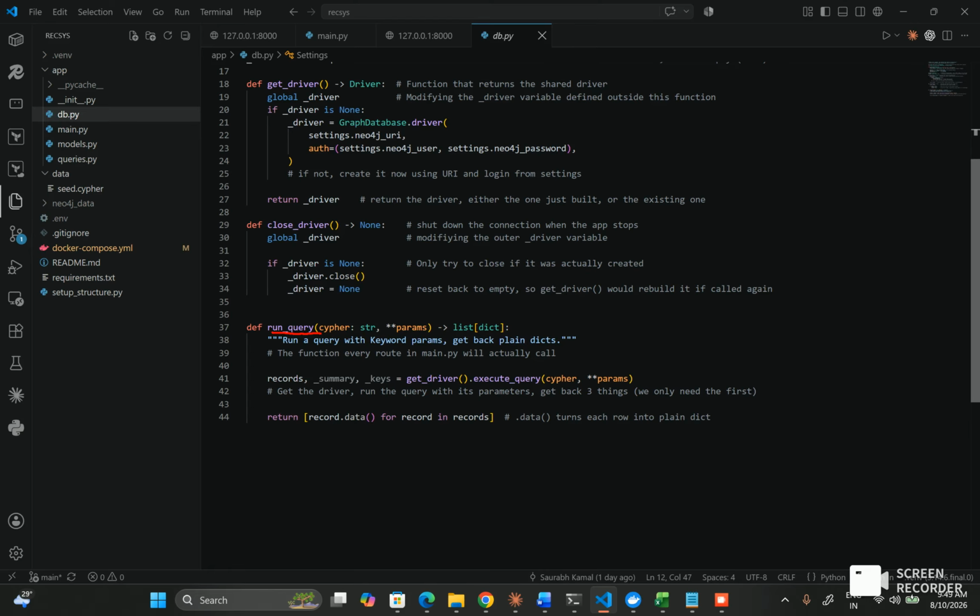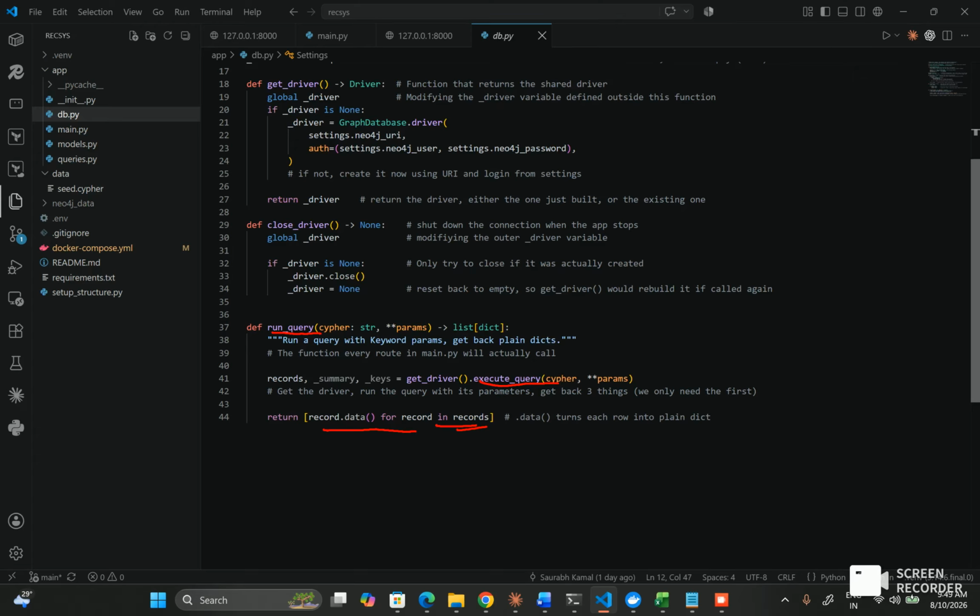It grabs the shared connection, runs whatever Cypher gets handed to it, and converts the raw results into plain, easy to use Python dictionaries.